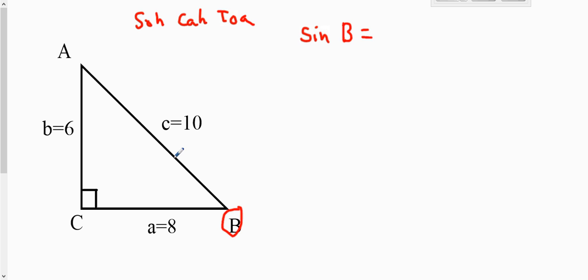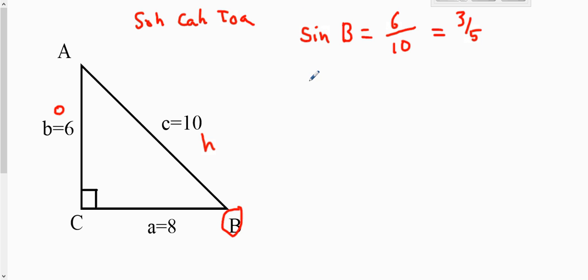Is O over H. Well, the opposite side is straight across. So this is our O side, and our hypotenuse is opposite the right angle. So this would be 6 over 10, which always reduces down to 3/5. I found the sine of B.